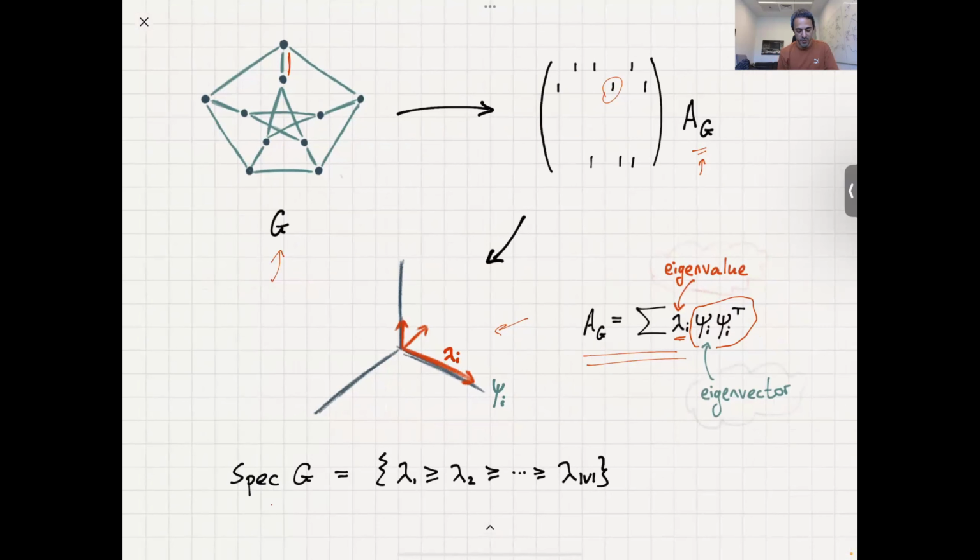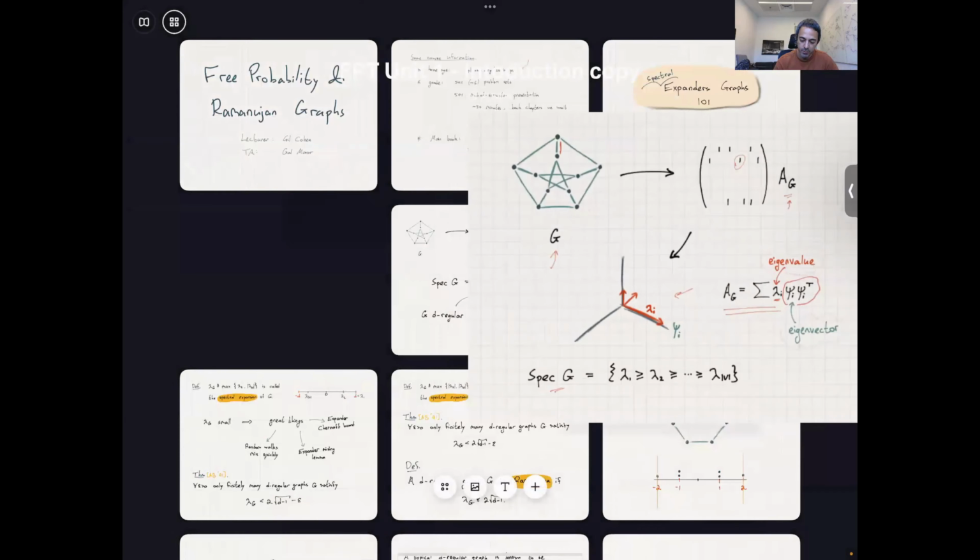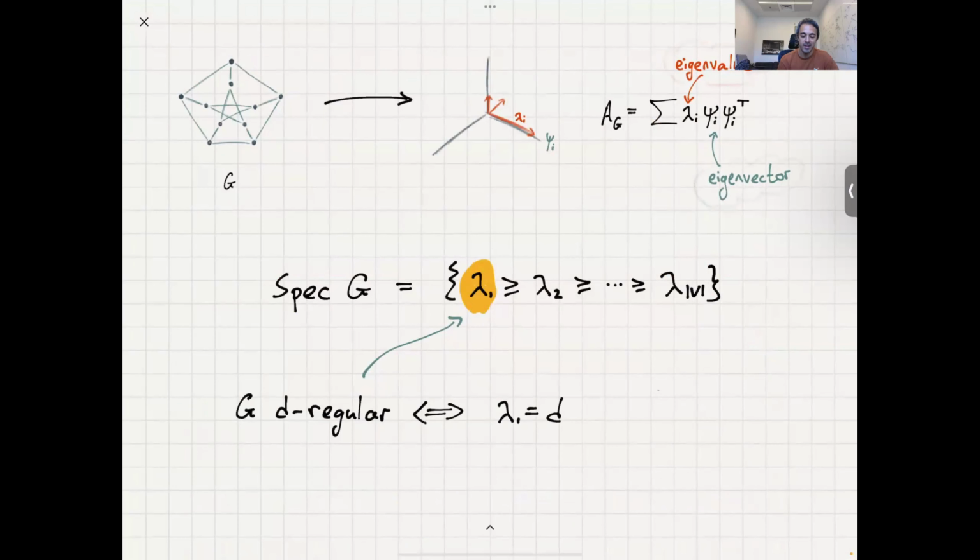The spectrum of the graph is just the set or multiset of eigenvalues, and we're going to denote the largest one by lambda_1 and the smallest one by lambda_n, or lambda_V, where V is the size of the graph. The point is that the spectrum alone, just the eigenvalues, not the eigenvectors, can teach us a lot about combinatorial properties of the graph.